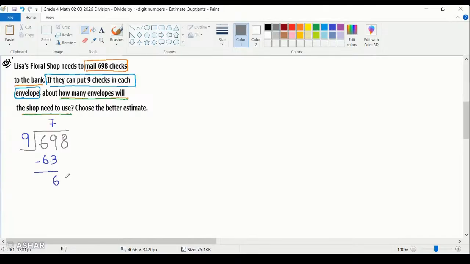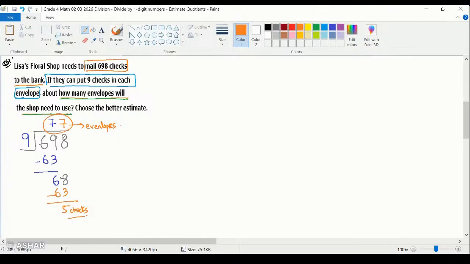We bring down the 8, okay? And the closest number would be 63 again. That means 63, and we are left with 5 checks at the end, right? We have 77 filled envelopes.